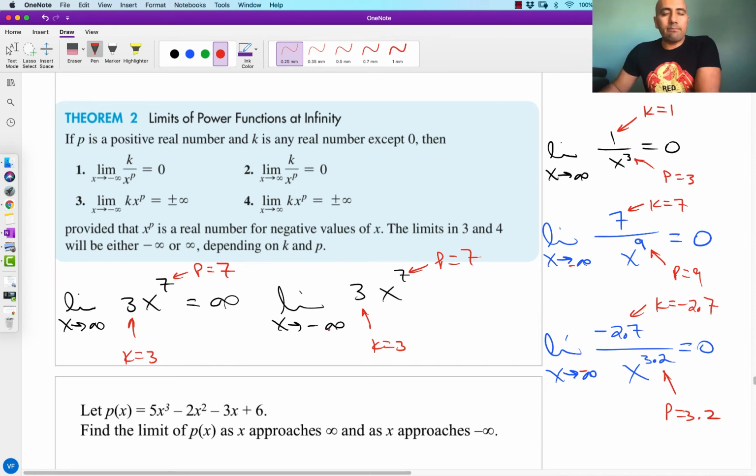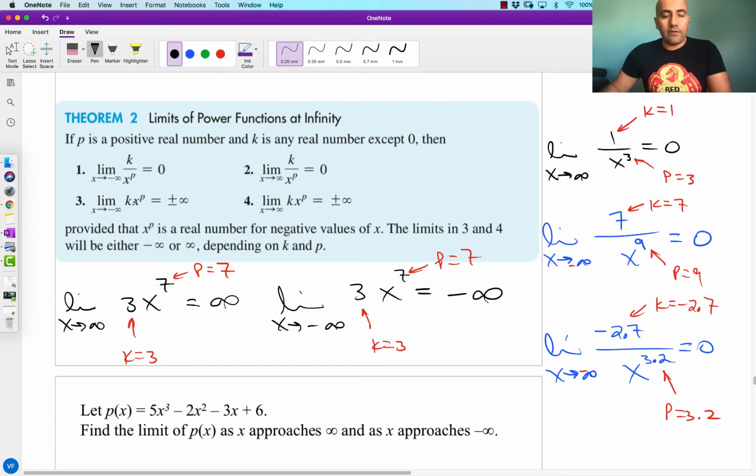But now as I plug in numbers that are very, very large and then raise them to the power of 7, they get even larger, and I preserve the negative sign so they become an even larger negative number. Times 3 is still going to give me a very large negative number, so this will be growing toward negative infinity. So you kind of have to think about it with these two cases, and decide whether it goes toward positive or negative infinity.